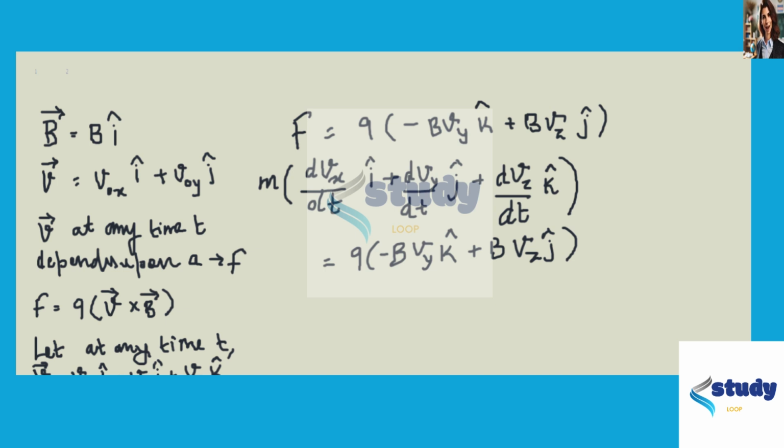If we compare the i hat terms on both sides, we don't have any terms containing i hat on the right-hand side. So let me write it. We start with dvx by dt equals 0. This is equation 1.